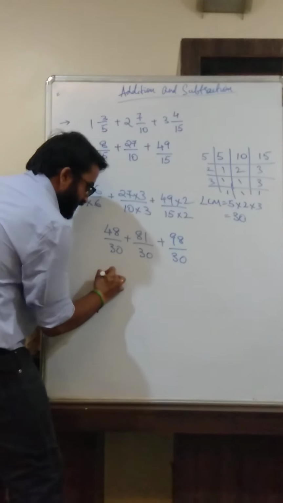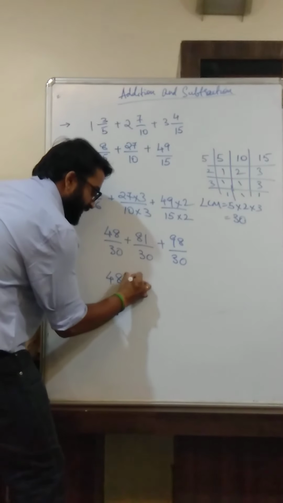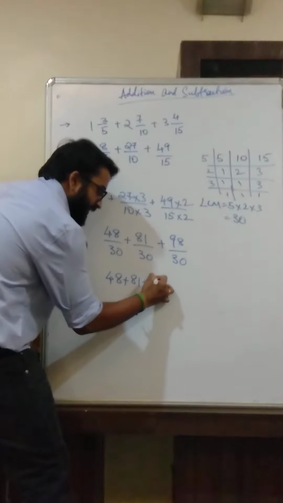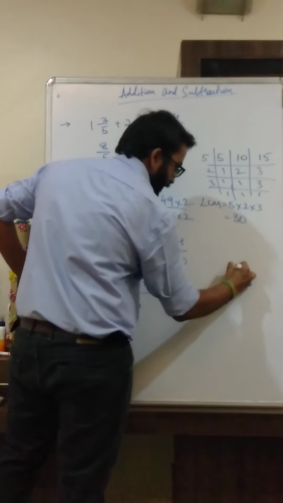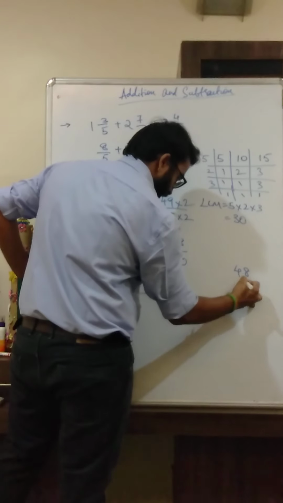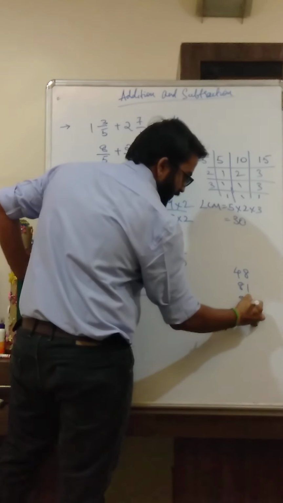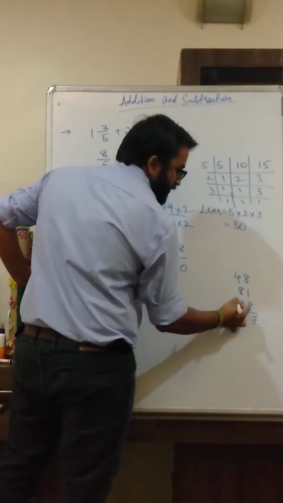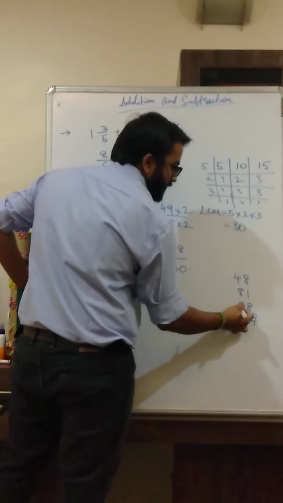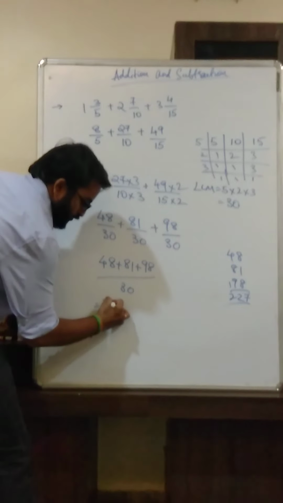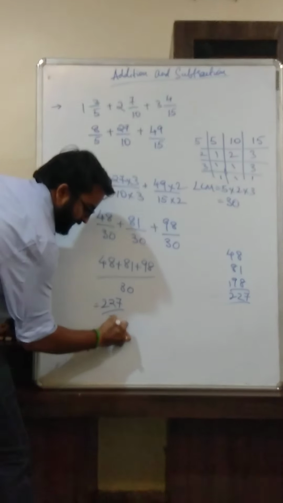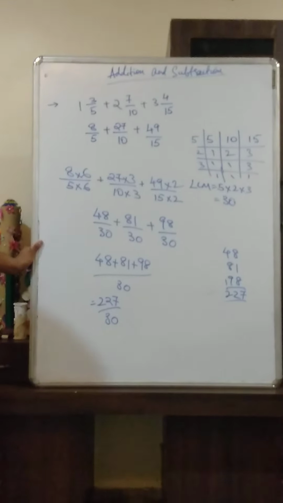Now you have to add the numerators. 48 plus 81 plus 98 by 30. 227 by 30 will be the answer.